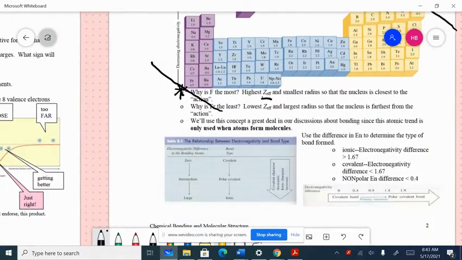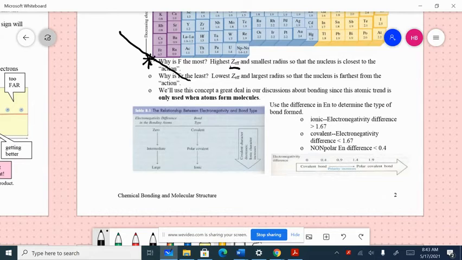So let's go down here and see that they summarized it like this, but this is not a hard and fast rule. So ionic is greater than 1.67, polar covalent is between 0.5 and 1.67, and nonpolar covalent is typically considered less than 0.5. Remember, it's a sliding scale.